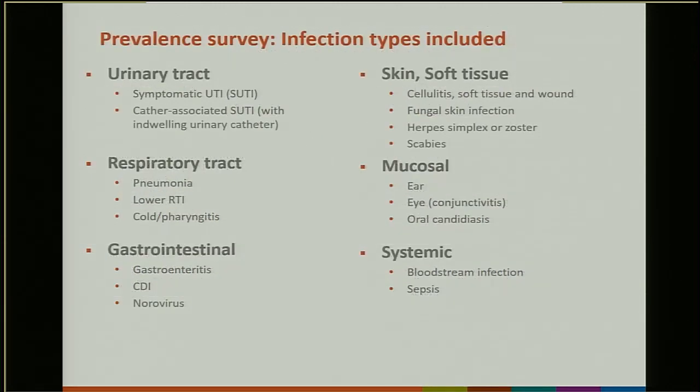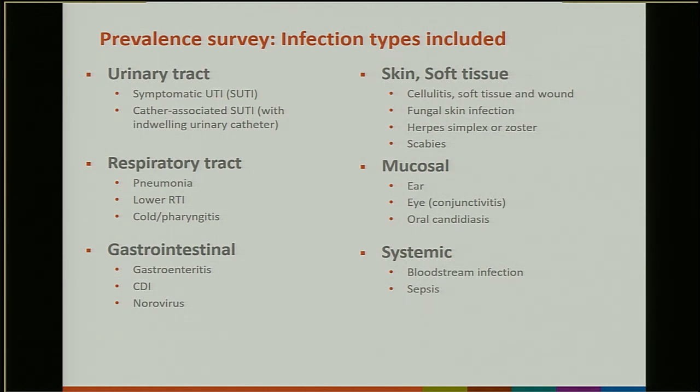So that you're familiar with the different types of infections that we looked at based on this standardized set of definitions: we had urinary tract, looking at both symptomatic UTI and catheter-associated UTI, which I suspect many of you that do NHSN are familiar with if you do the UTI reporting event module. We also had a group of respiratory tract infections: pneumonia, lower respiratory tract, and cold and pharyngitis.